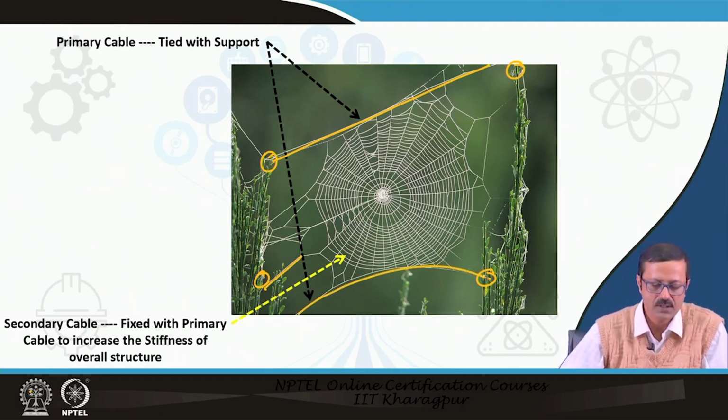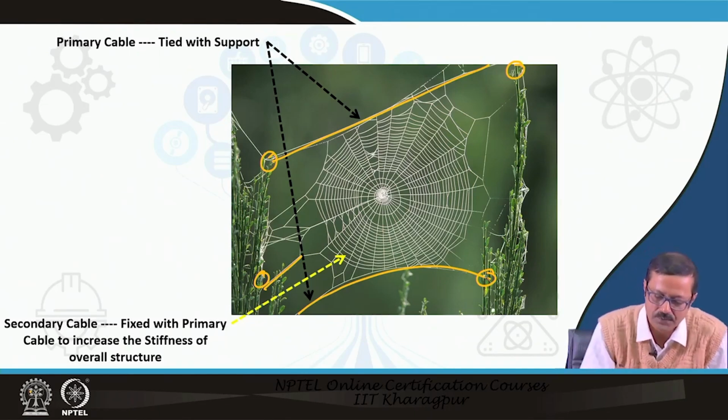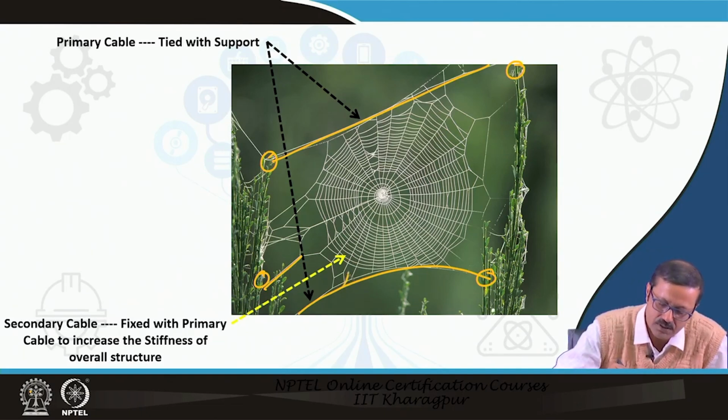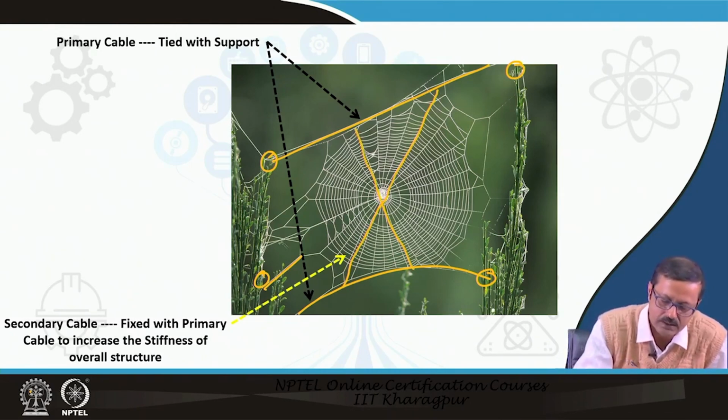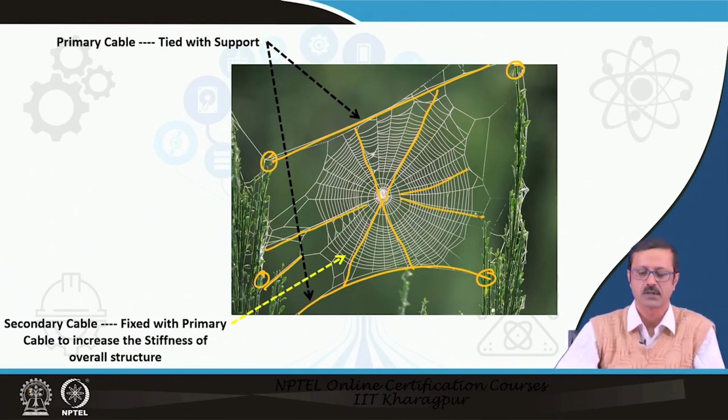It also has some secondary cables which are connected to the primary cables to increase the stiffness, but this arrow is in a bit of a wrong position. I mean to say these are the secondary cables which are connected to the primary cables radially. Here it is radial, so this is a primary, but these are all secondary cables which connect the primary cables.